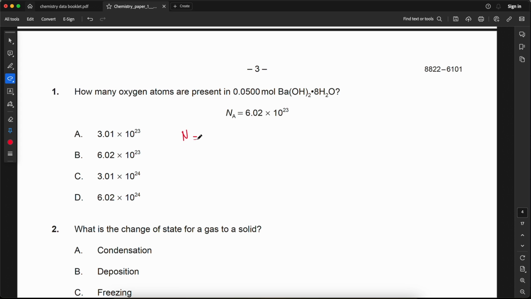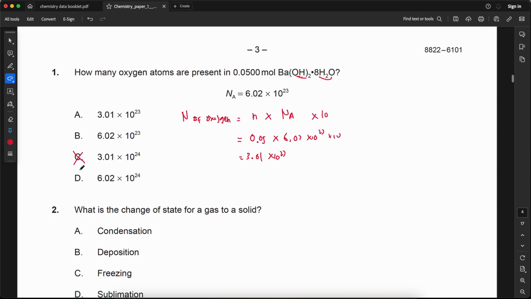So N of oxygen would be mole times Avogadro's number and times 10, because we have 8 oxygen here and 2 oxygen here, so times 10. Therefore 0.05 times 6.02 times 10 to the power 23 times 10, and you will get 3.01 times 10 to the power 23. So the answer is C.